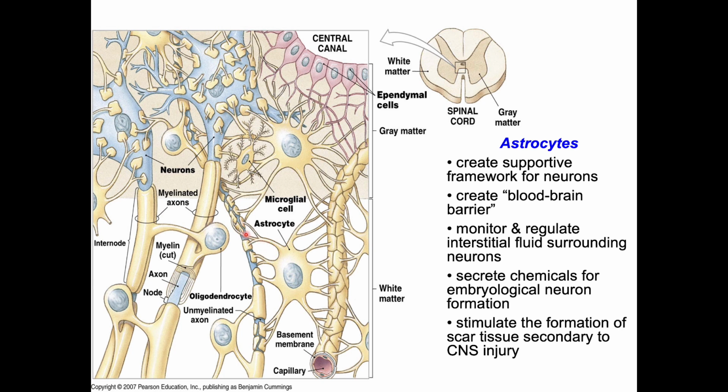On this side, all the legs are bound to the axon of a neuron, while on this side, it's bound to a capillary. Remember that in the capillary, you have red blood cells, you've got plasma, nutrients like glucose, oxygen. So these astrocytes provide nutrients for the neurons. They take the nutrients from the capillary and move it into the neuron.